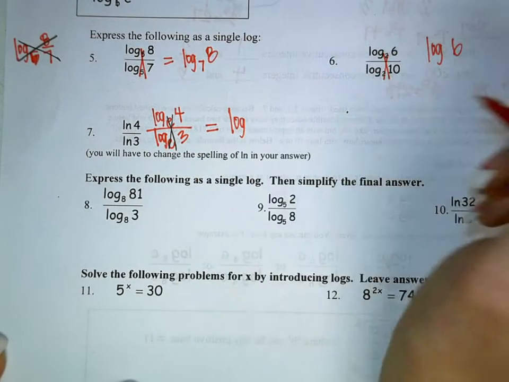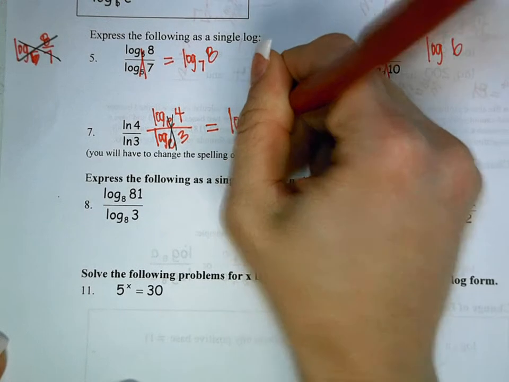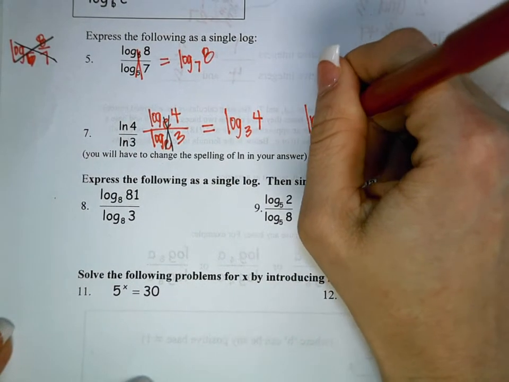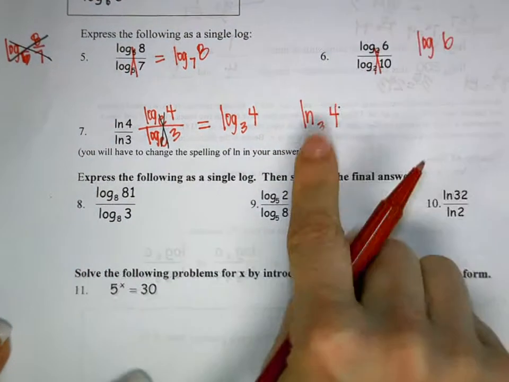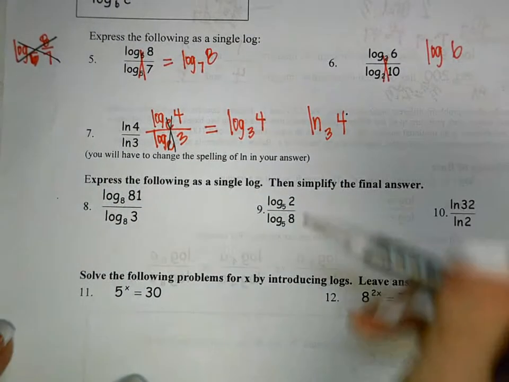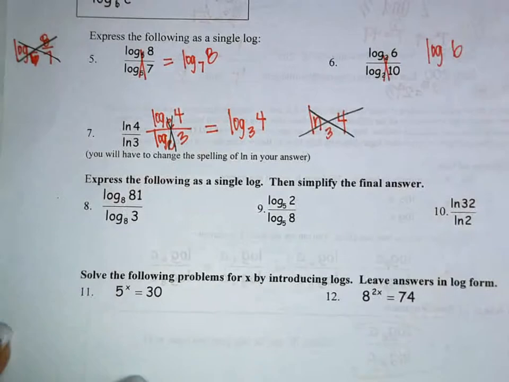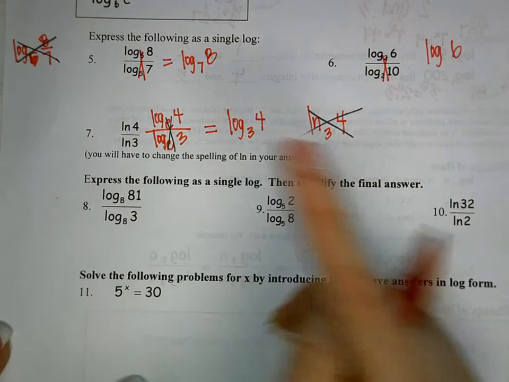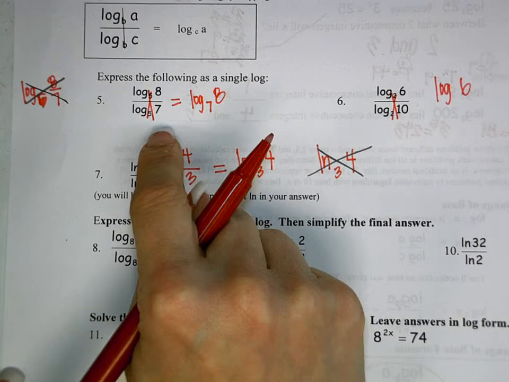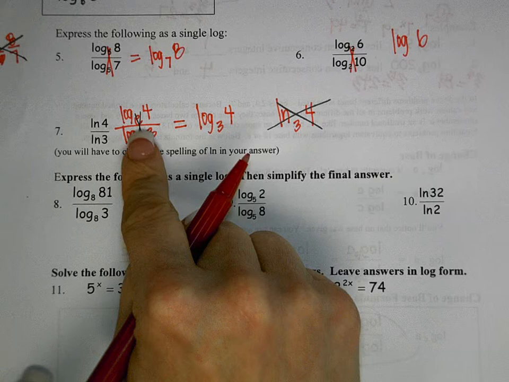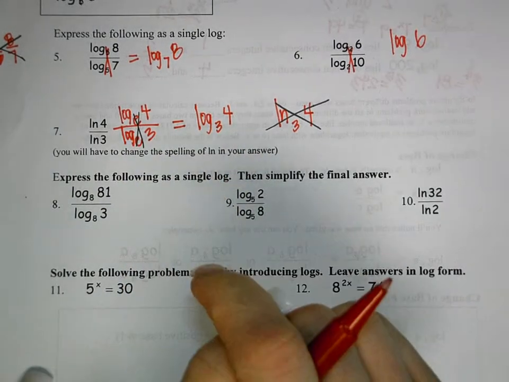Log base 3 of 4. You cannot write natural log base 3 of 4. That does not make sense because natural log is automatically log base E. So this is bad, okay? The E? Right, we're changing the base. Just like these, it kind of goes away. I'm changing the base. Okay, but you do have to take that pre-step of rewriting it as log base E.